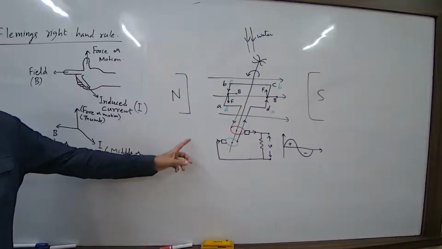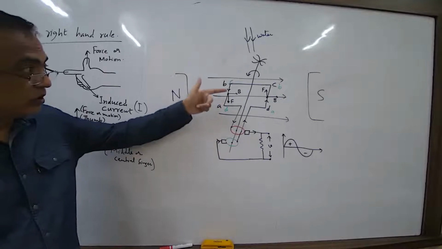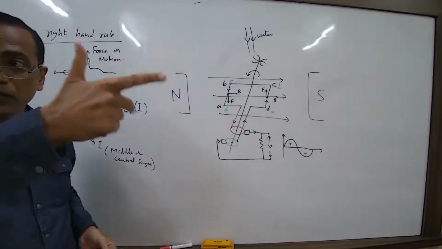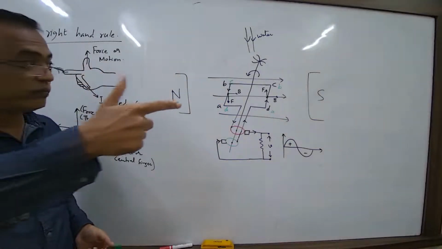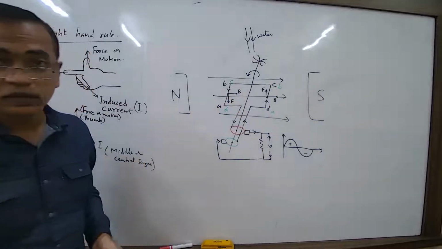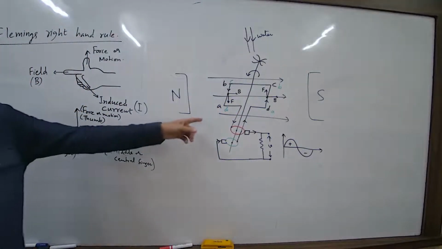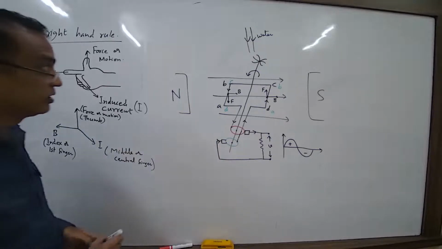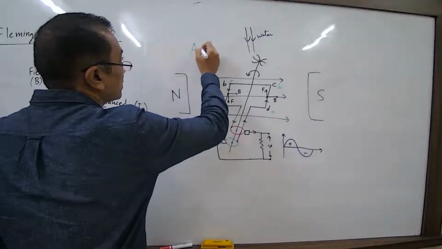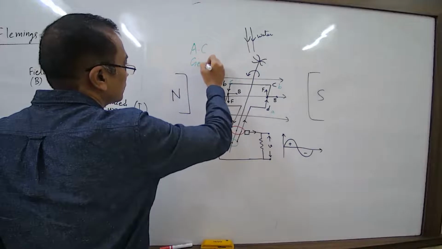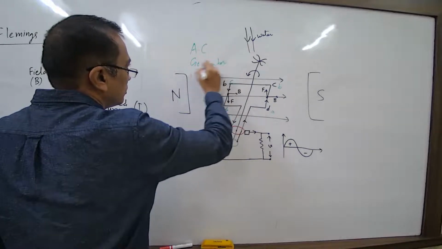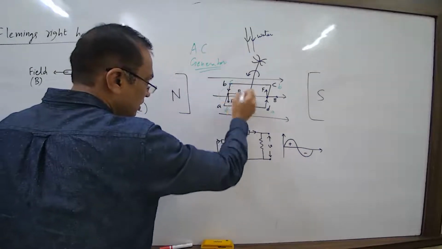But this is not in the syllabus. I used it only to explain the right hand rule, where the direction of the induced current is. Is that clear? This is an AC generator, but it is not for the exam. The Fleming's right hand rule is explained here.